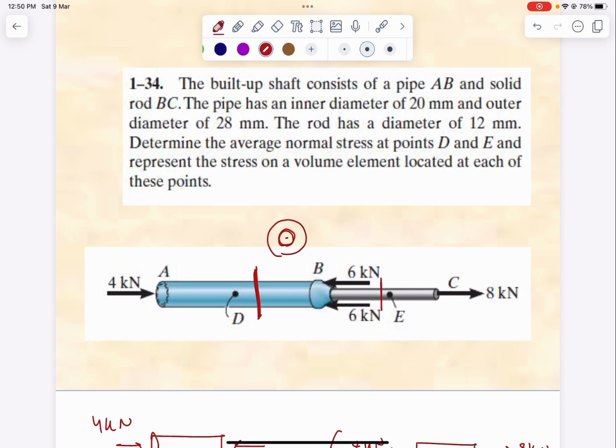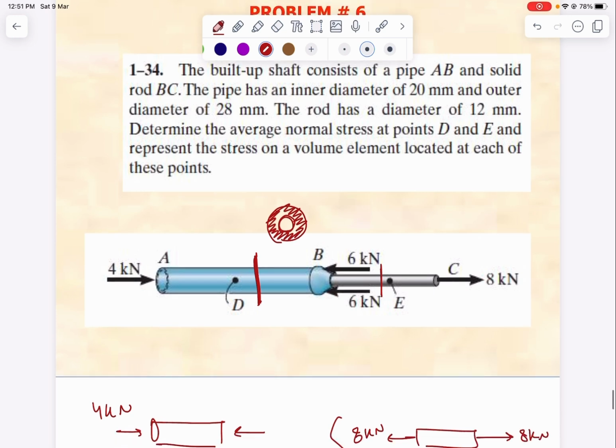Here it's empty because the rod enters this pipe. So we need to find this area. How can we find it? It's gonna be the circle of the outer radius minus the circle of the inner radius. So I'm gonna calculate the outer, minus the inner.